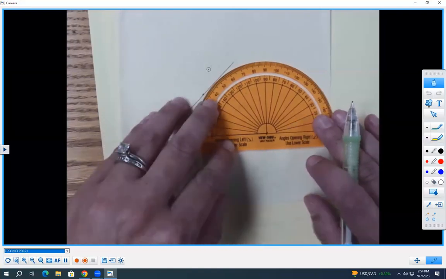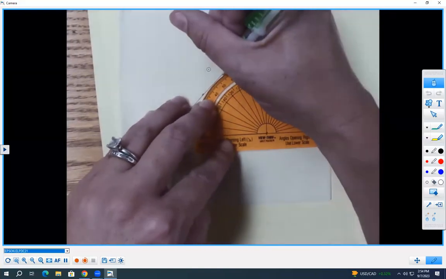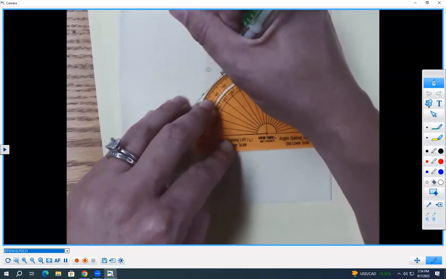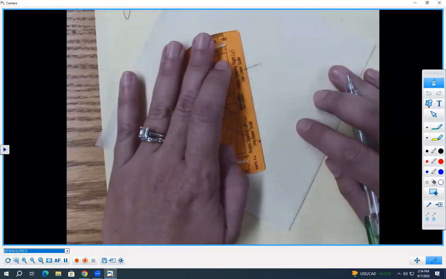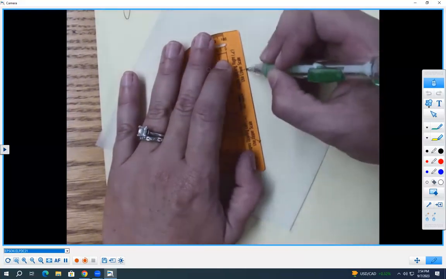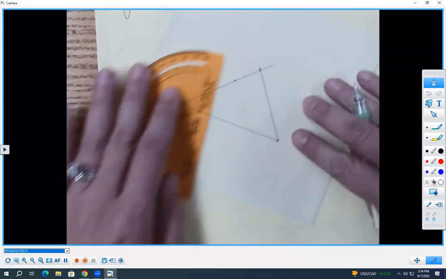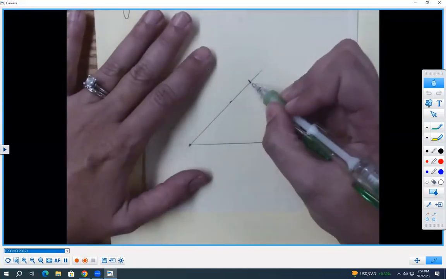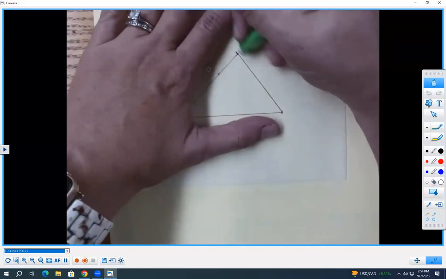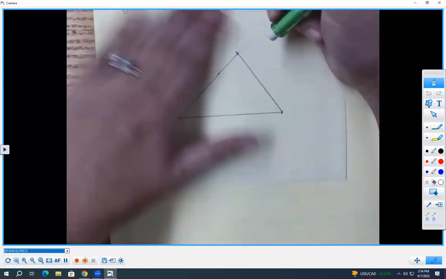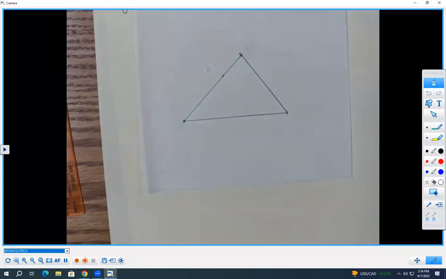Line it up, measure out 55 degrees this time, and draw it out so that it connects. So here is my triangle. You may have a little part where you drew too far, but that's okay. If you need to connect more dots, extend lines to connect dots.